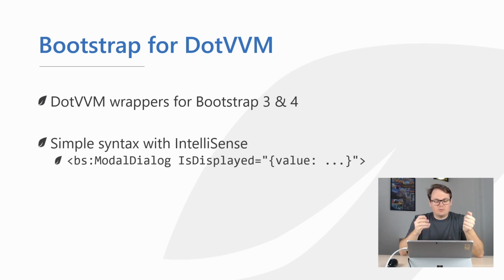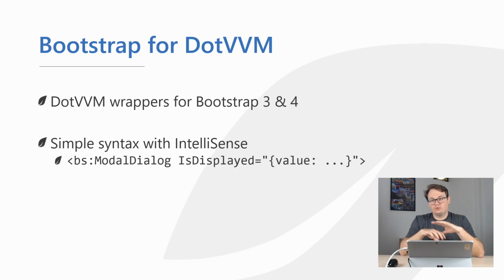Also, there is, for example, modal dialog, which is programmed in a way that it works for data binding. So there is a displayed property, which you can switch by switching a Boolean expression or flag in the view model. And also there are features like that. If you press the escape key, for example, then the dialog will be closed, and also the view model value that is bound to it could be updated.